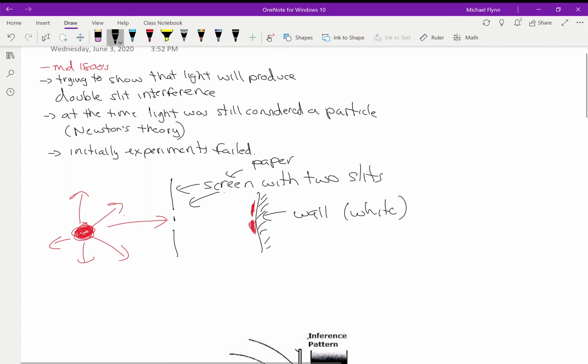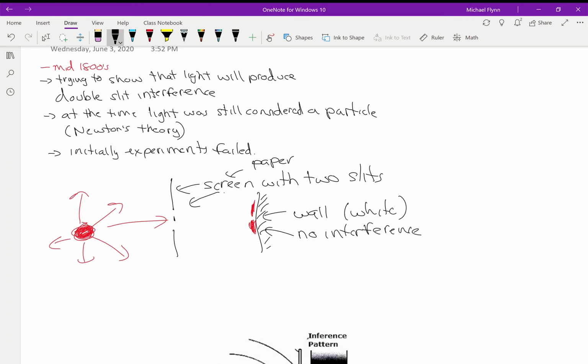But the point is, no interference. It's just like light passed through those two holes and made two fuzzy dots on the other side. So it diffracted, but no interference was observed. Remember, when you see interference, you see many bands of bright and dark, not just two because there are two holes.